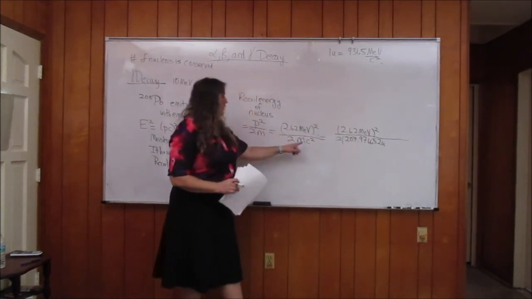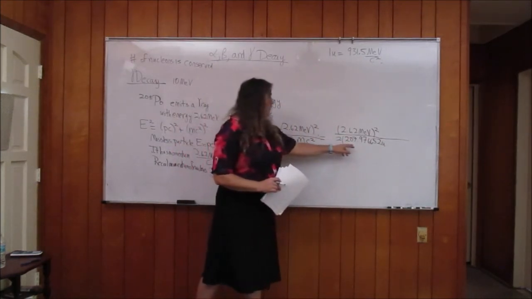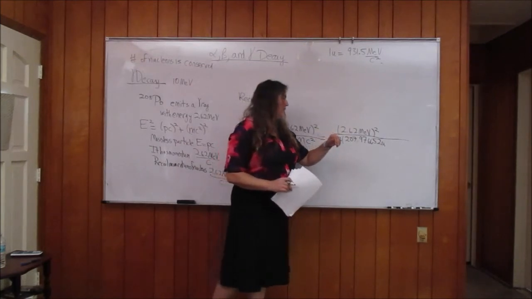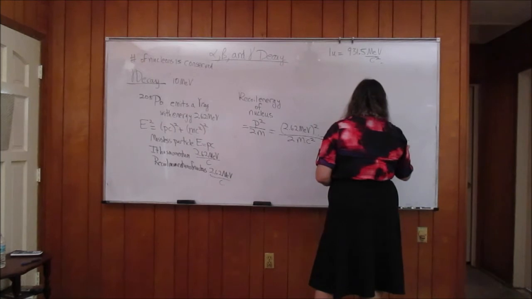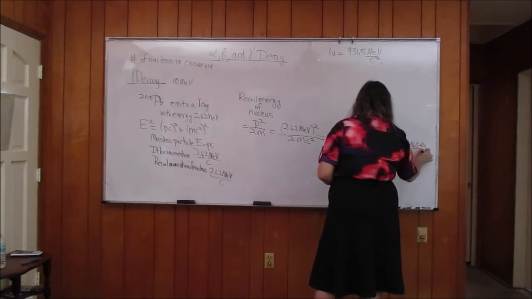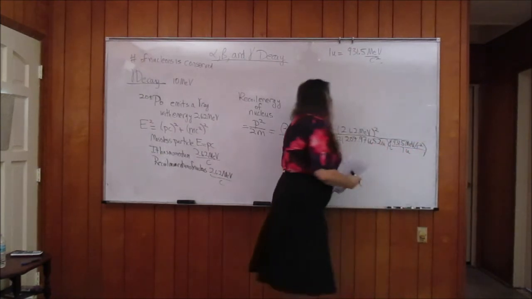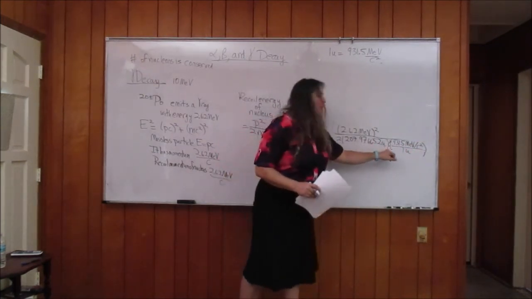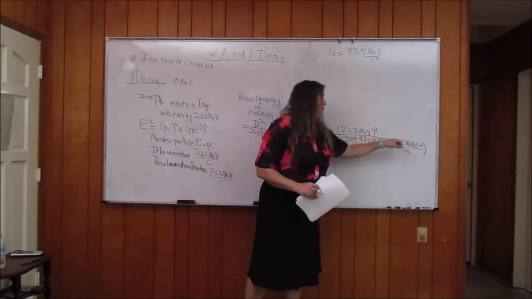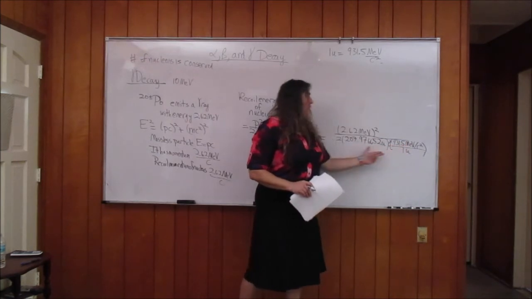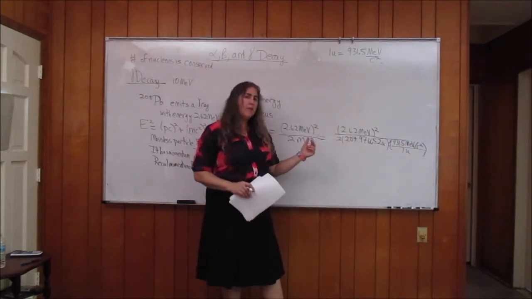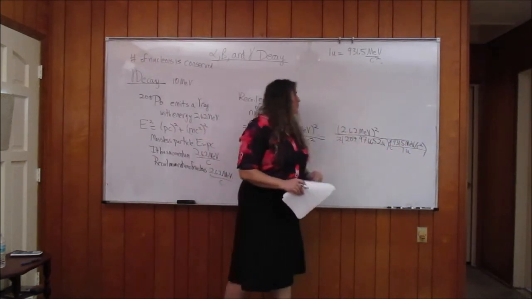The mass of the nucleus is 207.976652 atomic mass units, and we need to multiply by a conversion factor. And yes, we do have an additional c squared down there. So once again, the c squared cancels, and you'll be left with 1 megaelectron volt in the denominator to cancel out 1 in the numerator.